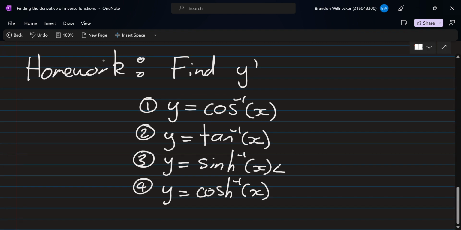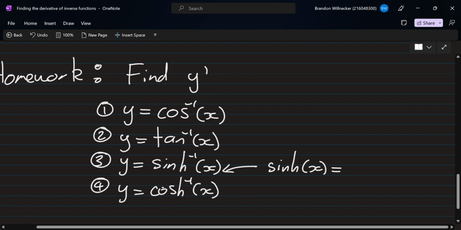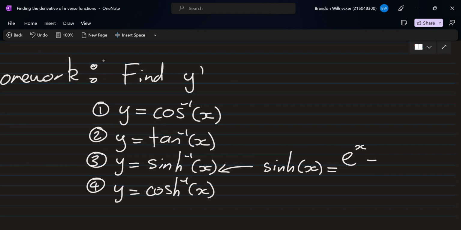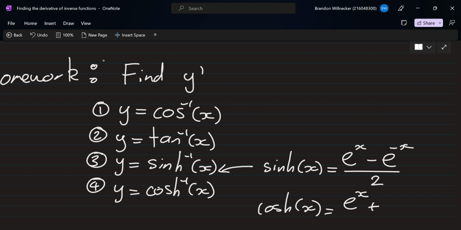Maybe you haven't seen these before, but I'll just put the definitions down. Sine hyperbolic of x is equal to e to the x minus e to the minus x over 2. And cos hyperbolic of x is e to the x plus e to the minus x over 2.